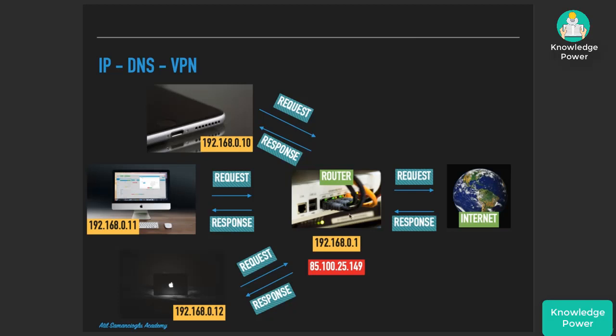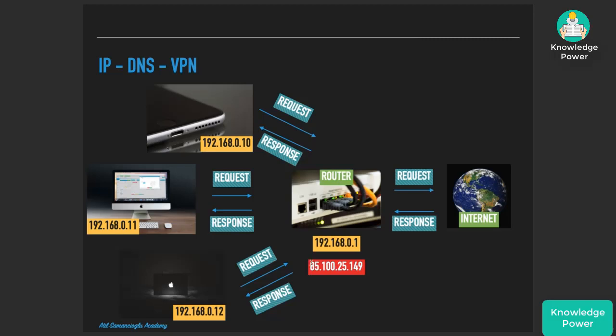There is a router in your home, and you have devices like phones, MacBooks, iMacs, computers or laptops, and they are all connected to that router because they want to go to the internet. When they try to go to google.com, for example, they send requests to the router, and the router sends requests to the internet. They get responses back, and the router forwards those responses to the related device. So this is how requests and responses work.